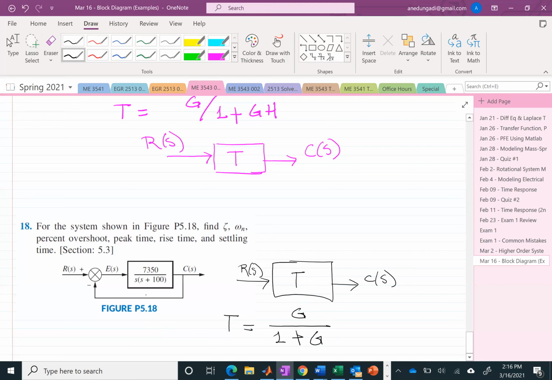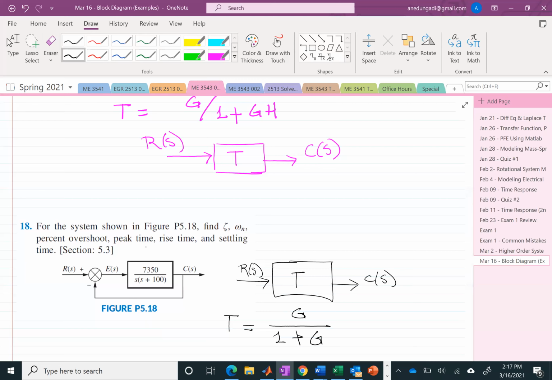So G over 1 plus G, that is the total transfer function. And once you compute the total transfer function, you'll see it's a second order system. Take the second order system and extract zeta and omega n, compute the percent overshoot, peak time, rise time, and settling time.